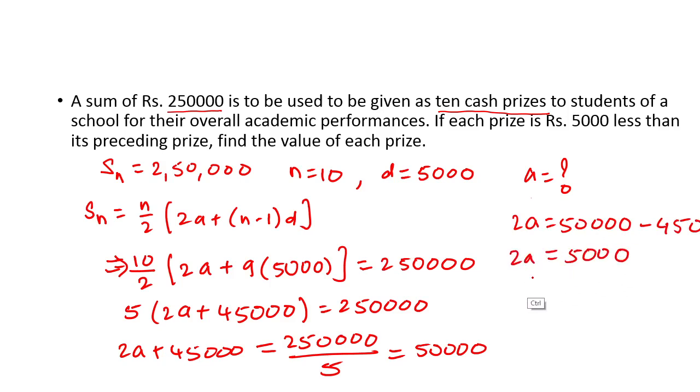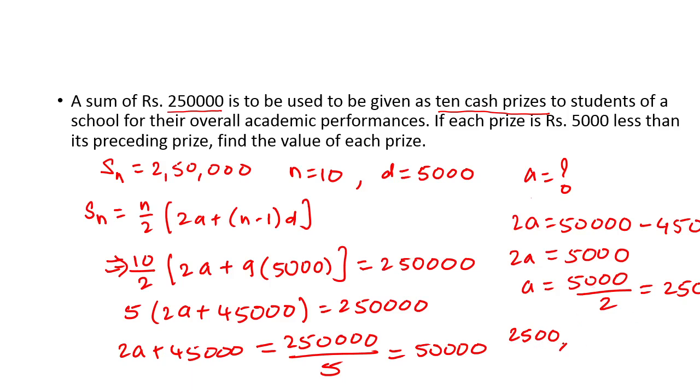So if 2a is 5,000, a is equal to 5,000 divided by 2, which is 2,500. So the first prize money is 2,500.